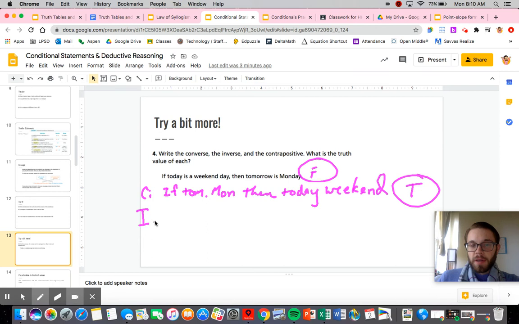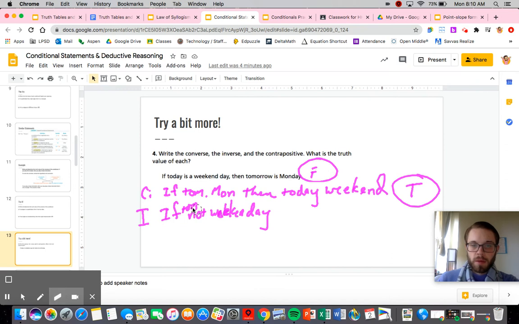Now the inverse, not P implies not Q. So if not, so I'm sorry, if tomorrow is not a weekend day, well, let me just try that again. Sorry, that came across weird.